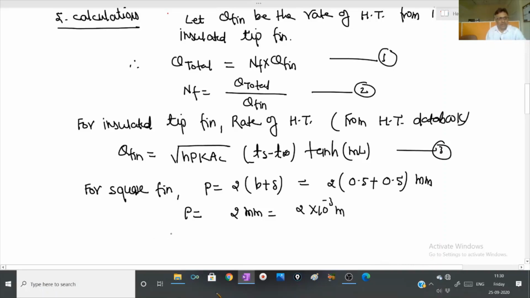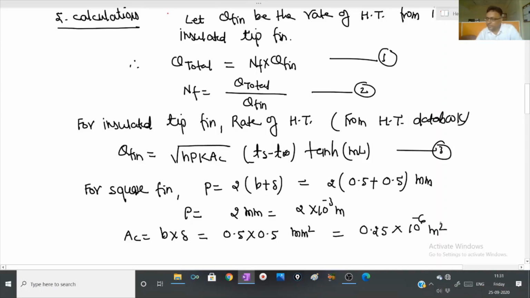Similarly, for square fin, area of cross section will be width into thickness, that is 0.5 into 0.5 mm square. So it will be 0.25 into 10 to power minus 6 meter square.